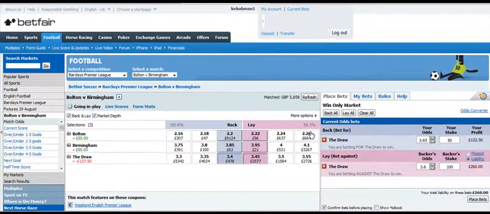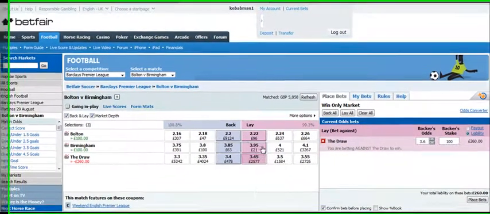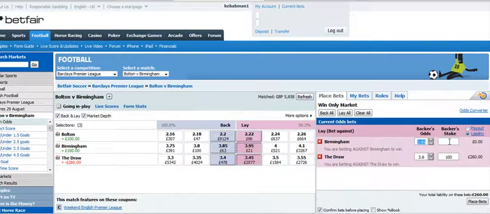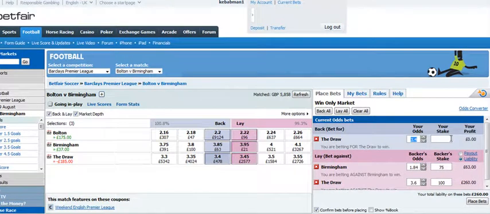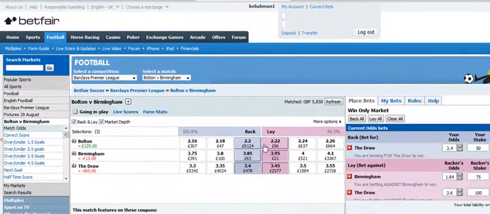So what are we going to do about this? Well, we need to back the draw for 50% of what we laid it for. So in this case we'd need to back the draw for £50, and say Birmingham come in to say 184 because they've just taken the lead. We then lay them for £75, which is 75%. So you can see it all there, how it's done.